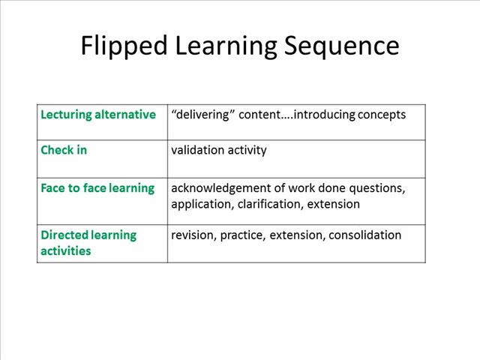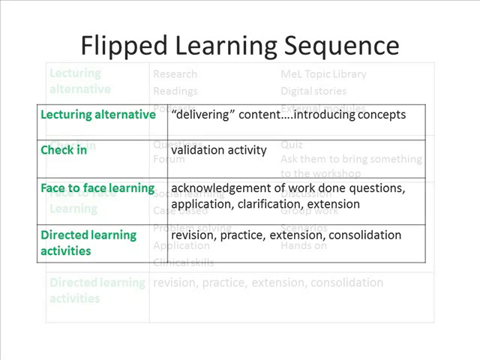We deal with questions, clarification, extension, application, and then the notion of that directed learning activity that follows on, where there's revision, practice, extension again, and an opportunity for the registrars to consolidate. So that is that flipped classroom model that we talked about in that very first movie.